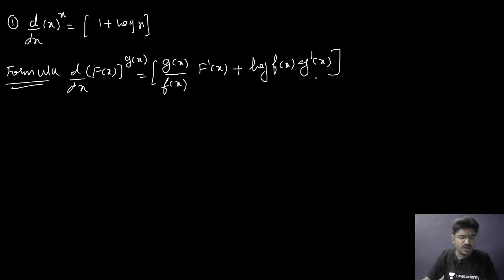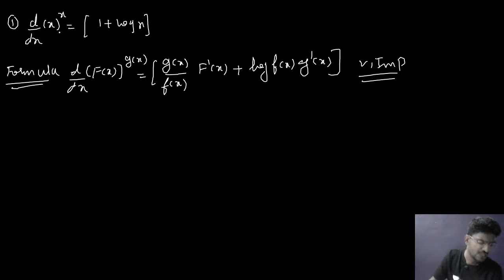So this will be your formula for differentiation of f of x to the power of g of x. So this formula you have to remember. If you know this formula, then this type of problems will be very easy.